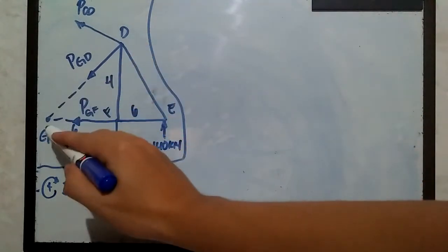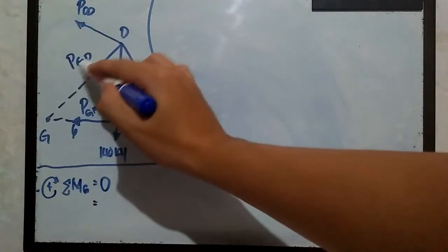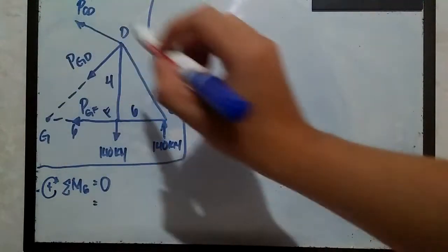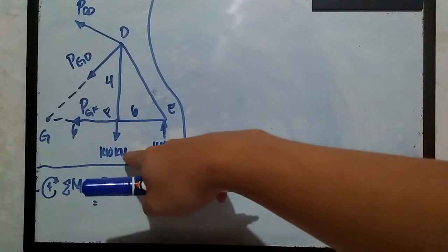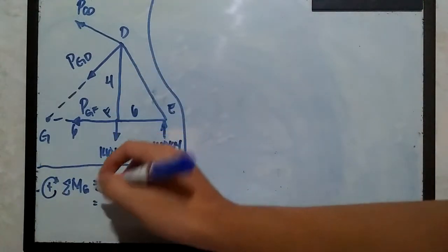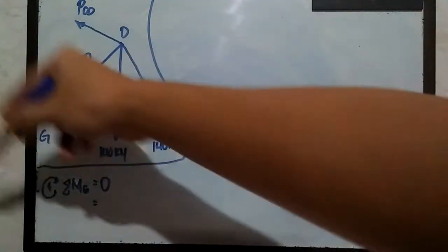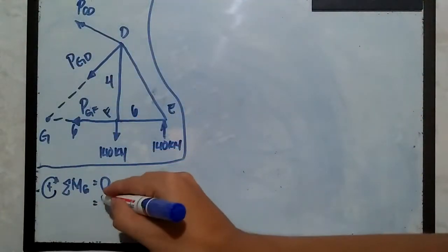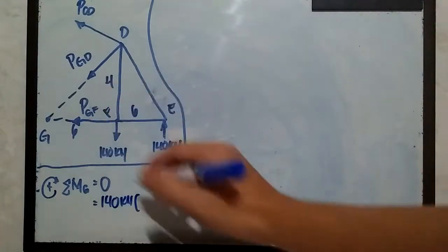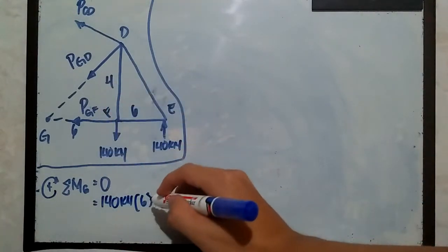So if this is the pivot point, P sub GD is cancelled out, P sub GF is also cancelled out. So we have here 140 kilonewtons. From point G all the way to point F is 6 meters. So it's going to rotate clockwise, so it's positive. 140 kilonewtons multiplied by the perpendicular distance equal to 6 meters.